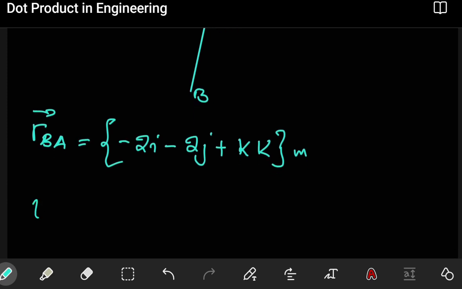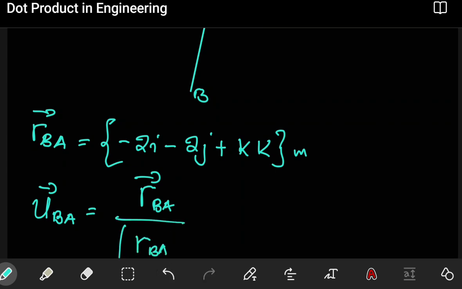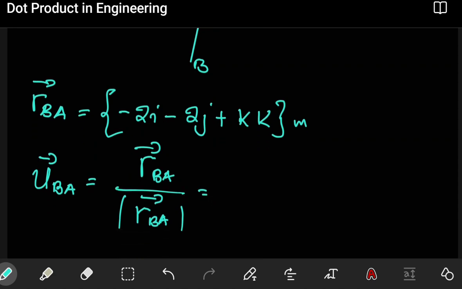So remember how we get the unit vector? The unit vector pointing along BA can be obtained by dividing the vector itself by the magnitude of the same vector. This is going to give us a unit vector running from B to A. Since we already have the original vector, we even have the magnitude figured out already.